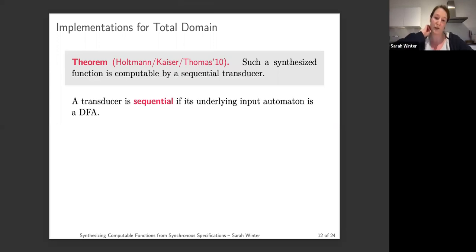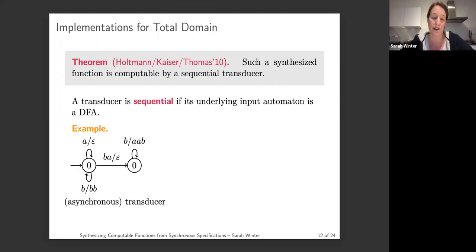So what are sequential transducers? Transducers are sequential if their underlying input automaton is a DFA. Let's first take a look at an asynchronous transducer. These are automata that are labeled by pairs of words: one input and one output word. The output word can be as long as we want, and it can also be epsilon, same for the input. If it's sequential, it is of this form.